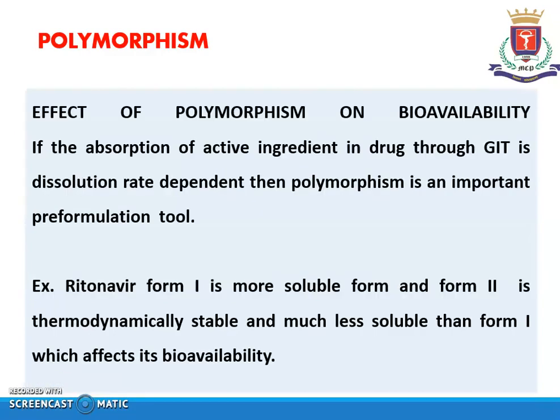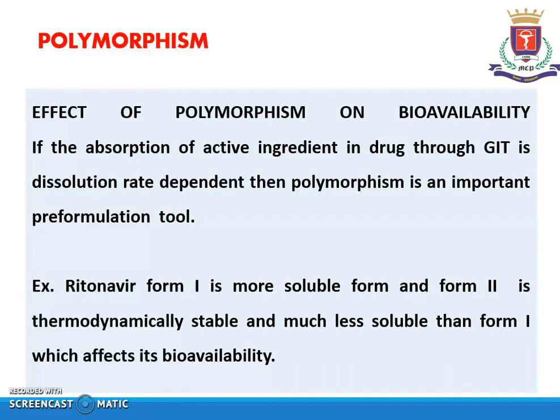Coming to the effect of polymorphism on bioavailability. If the absorption of an active ingredient in a drug through the GI tract is dissolution rate dependent, as we have seen in the diagram, then polymorphism is an important pre-formulation tool.